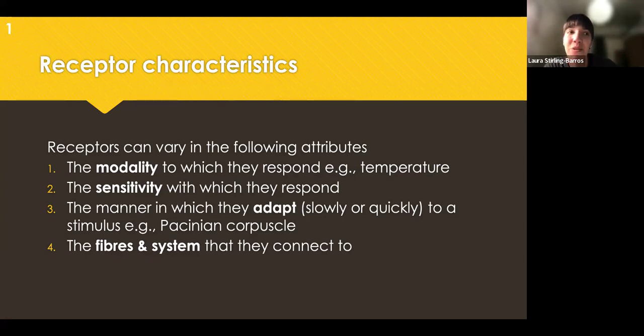It's the same reason that if you sit down, your brain doesn't need to know every single moment that you're sat down. It's more important that it first tells your brain that you just sat down. And finally, there are different fibers and systems. What I mean by system is essentially the pathway that it goes up the spinal cord.